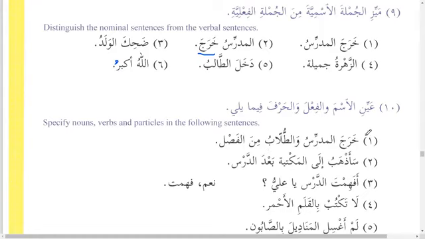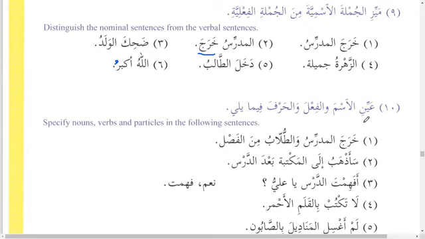Okay, again, you cannot escape. We have ayyan, sabbaha. Ayyan al-ism, yes, specify. So what will be the mudari? Ayyana, yu'ayyinu, ta'yinan.